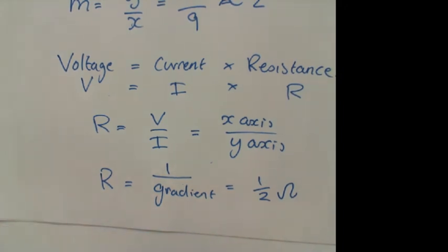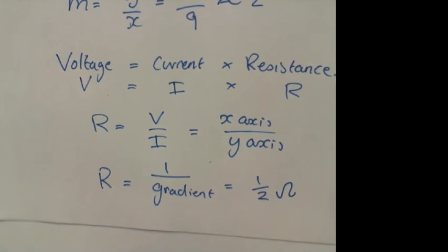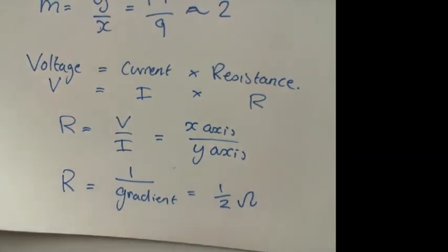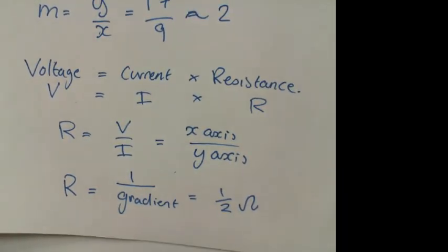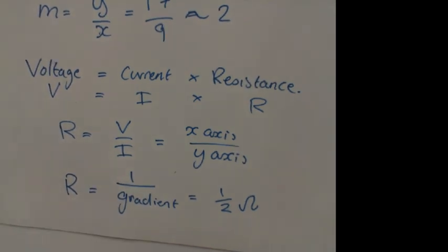And you can check this, because if you wanted to, you could measure the voltage and the current and see if it always was. So if you divided the whole voltage by half, do you always get the current? So you could check that using your equipment. That is quite tough. You might want to review that a couple of times, and I'm sure you'll do the experiment in class.